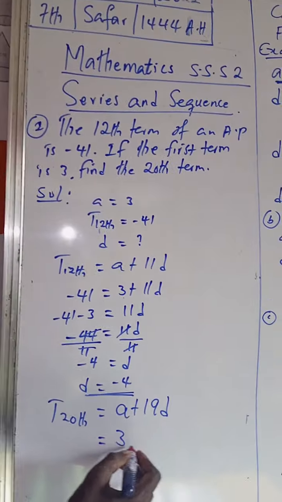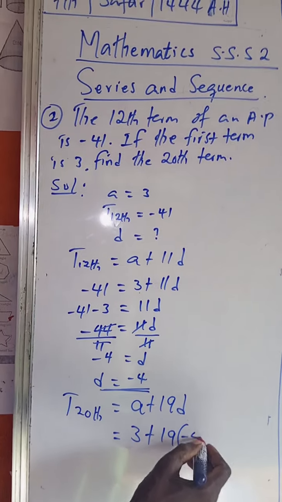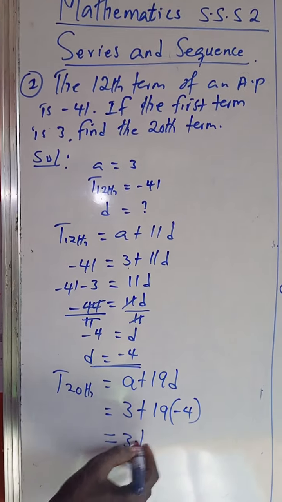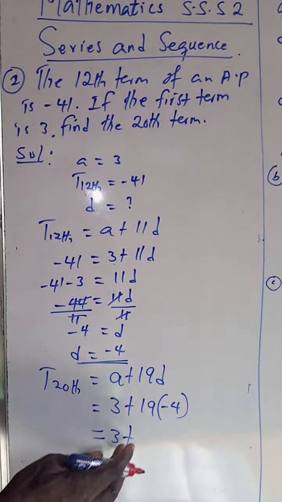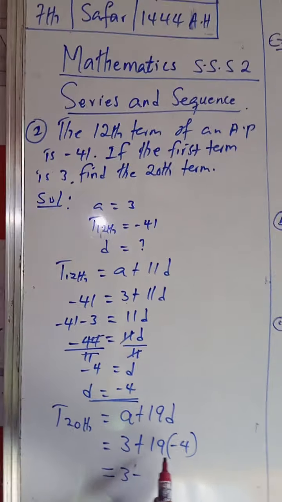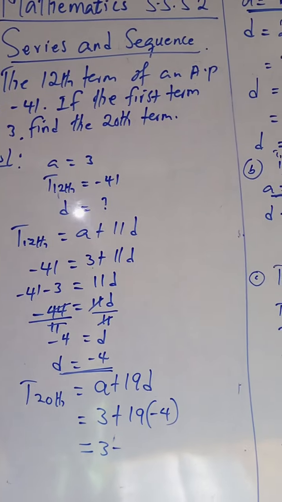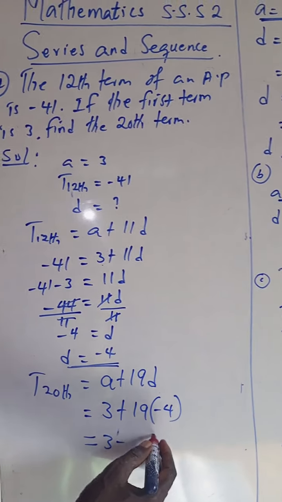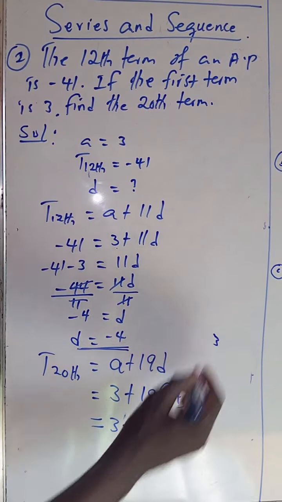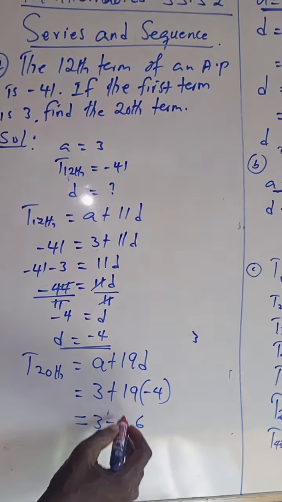The first term is 3, and we put our common difference as minus 4, so we can apply it straightforwardly. 3 plus, minus times plus, this one will be minus. 4 times 19: 4 times 9 is 36, write 6, take 3, 4 times 1 is 4, making 76.